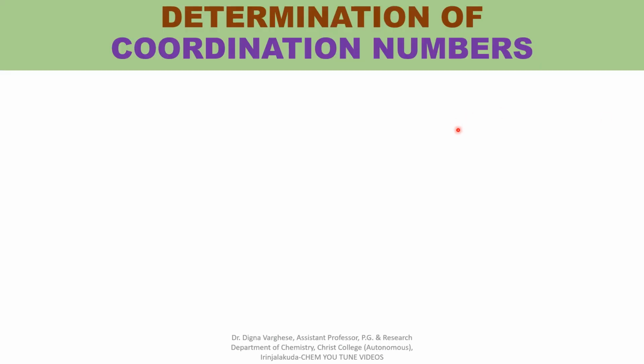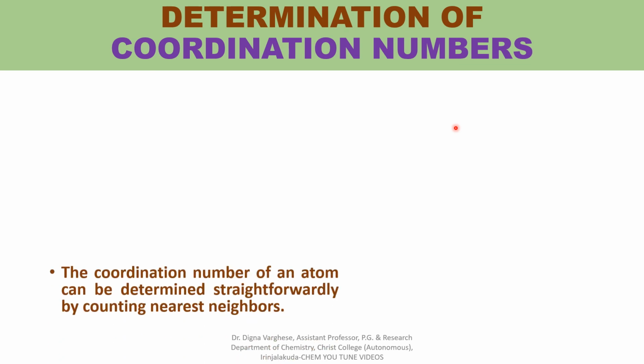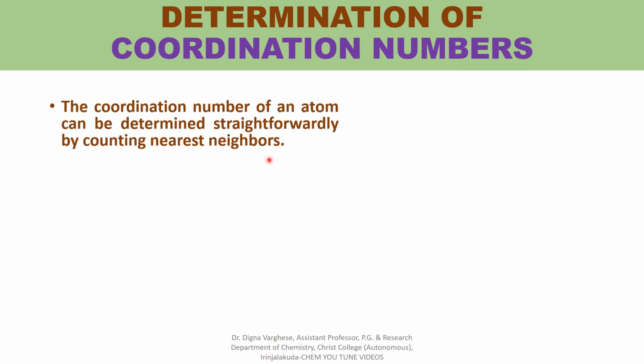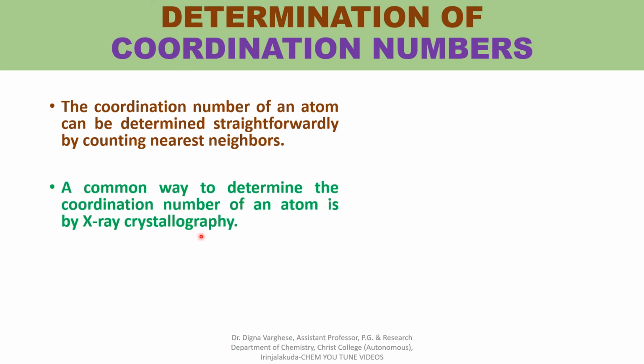Determination of coordination numbers. How can we determine the coordination number of a central metal ion? The coordination number of an atom can be determined straightforwardly by counting nearest neighbors. A common way to determine the coordination number of an atom is by X-ray crystallography.